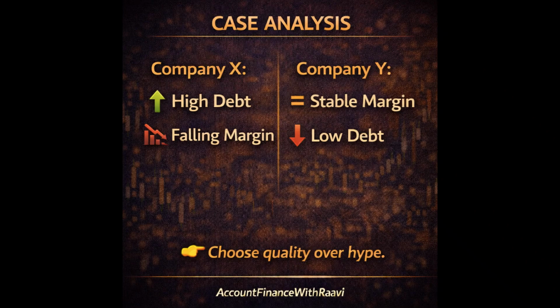Normally, there is a small example, company X and company Y. In the case of company X, you can observe it has high debt and falling margins, and company Y has stable margin and low debt. Now, for this high debt, falling margin, stable margin, and low debt, we try to get a conclusion by using ratio analysis. Suppose in 2026, the company's debt equity ratio is 40%.